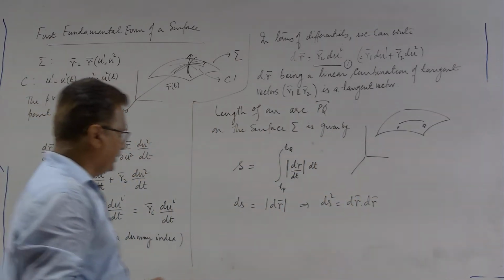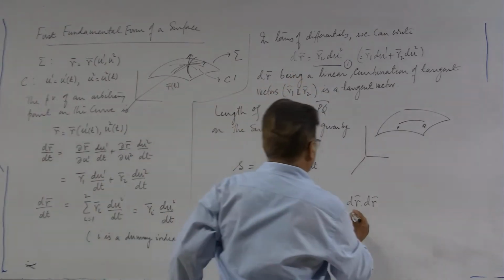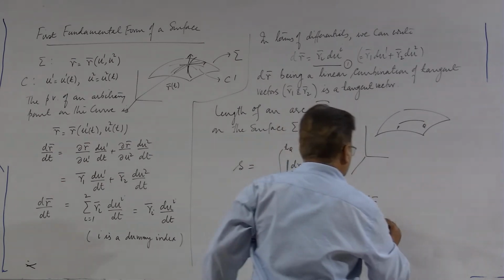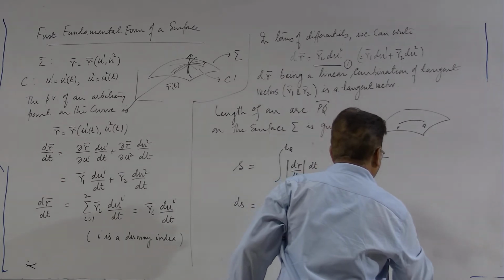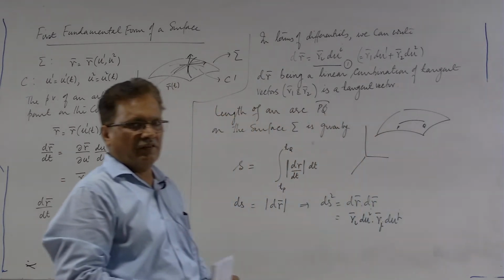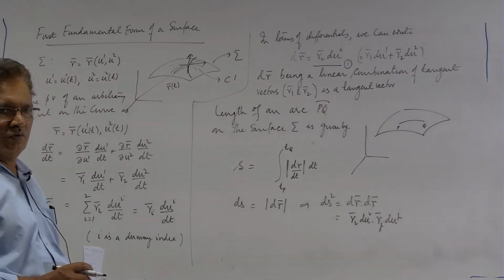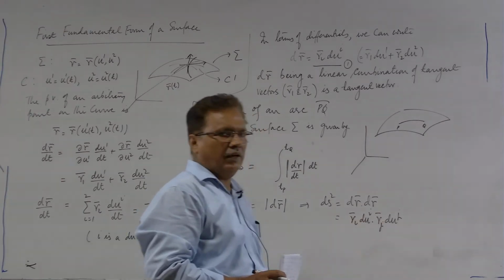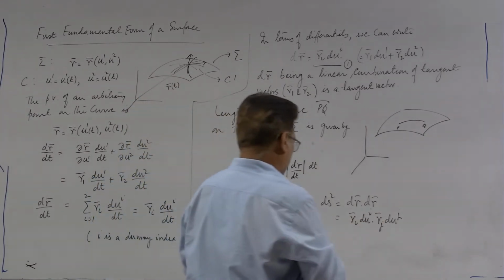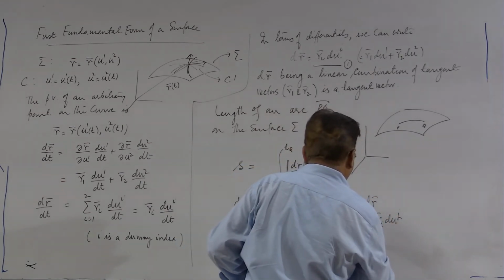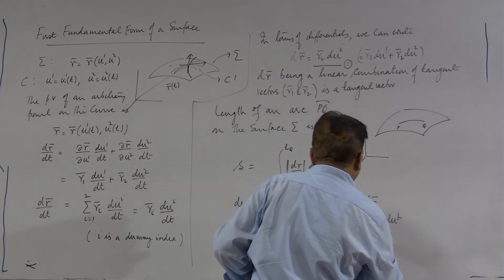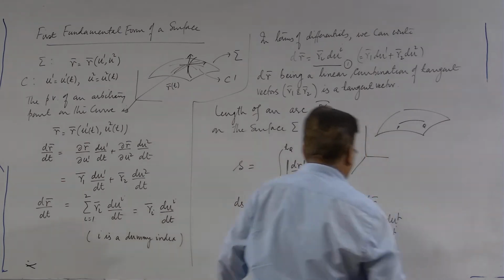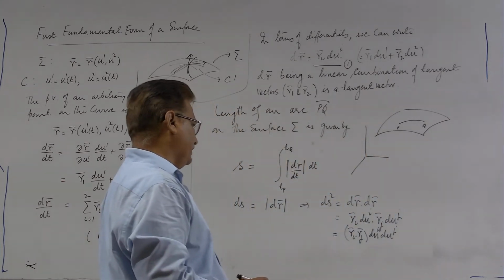Okay. So dr we have computed here in number 1. So it will be summation r_i dui dot summation r_j duj. j is running from 1 to 2, i is also running from 1 to 2. So there are two summations in this expression, which we are not writing because i and j both are dummy indices. When you open this summation sign, you can write r_i dot r_j dui duj. i is coming twice, j is also coming twice.